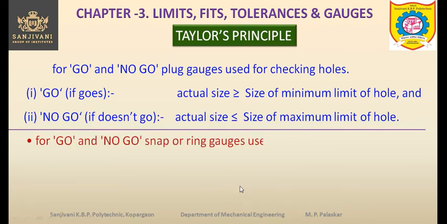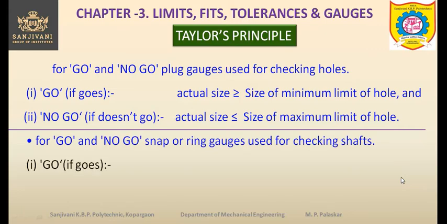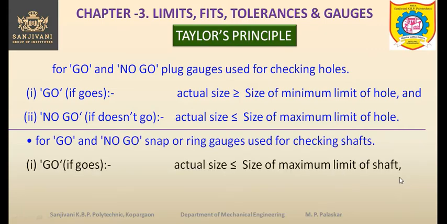Now for the snap or ring gauges, which are used for checking shafts, if go is entering, it means the actual size of the shaft is less or equal to the maximum limit of the shaft.